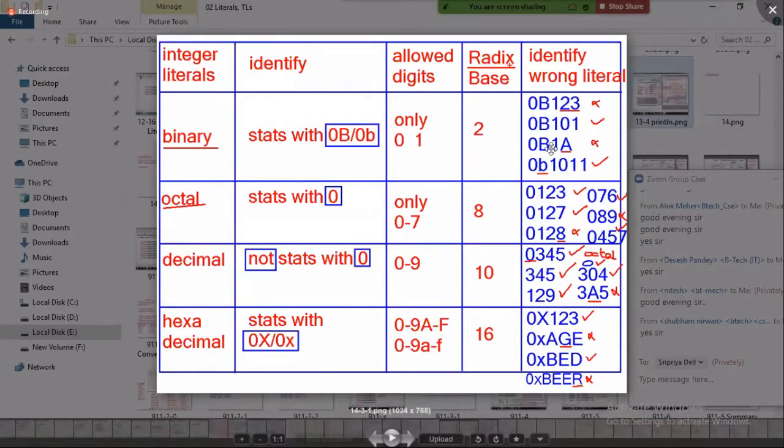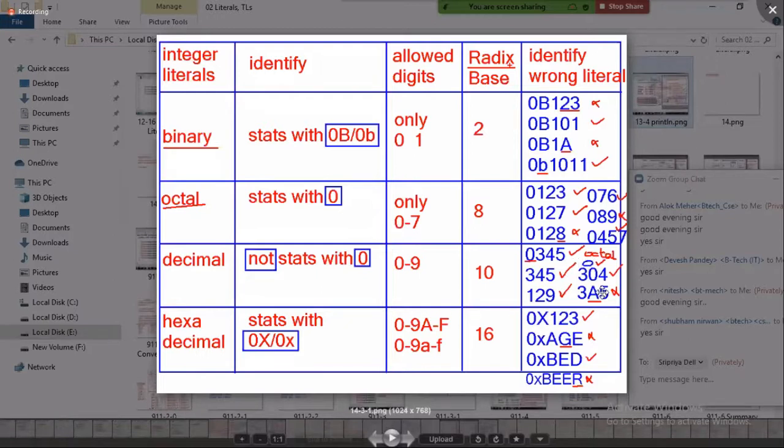Small b or capital B can be used. 0123 is allowed, but it is octal. 0127 allowed, octal. 0128, 8 not allowed. 076 allowed. 089 not allowed. 0457 allowed. 0345 allowed, but it is not decimal, it is octal. 345 decimal. 123 decimal.